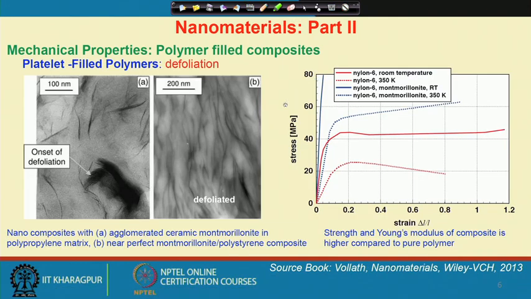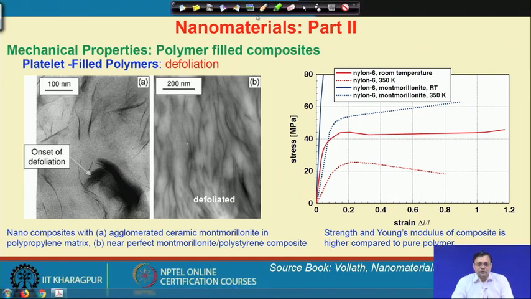Now, I show you such a platelet filled composite, and this is a nanocomposite where we have added some Montmorillonite. These are aluminosilicates available as a clay, and you can add it in a polypropylene matrix, and one can see these Montmorillonite particles which are distributed.